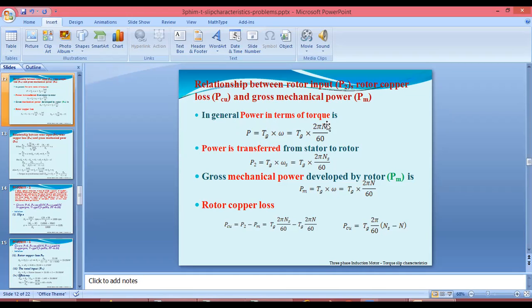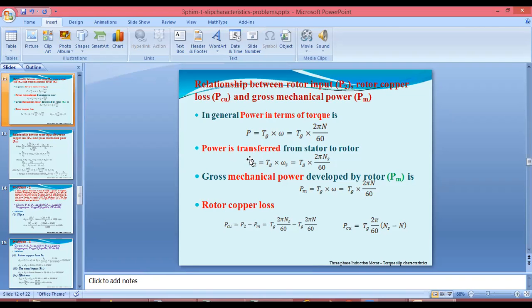But in the three-phase induction motor, we are measuring the speed of the rotor in minutes. So you can convert that. If you are taking minutes instead of seconds, you can write 2πN upon 60.